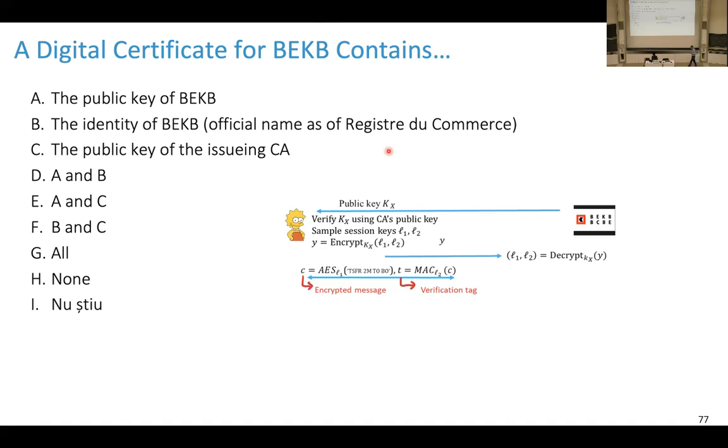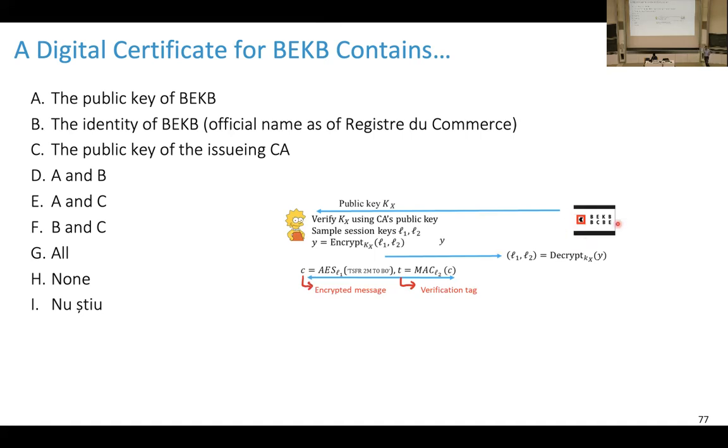I will close the poll in a few seconds. So the poll is closing, and the majority says D, which is the correct answer. So here the digital certificate is a certificate which is delivered by a certification authority and is given to the bank.